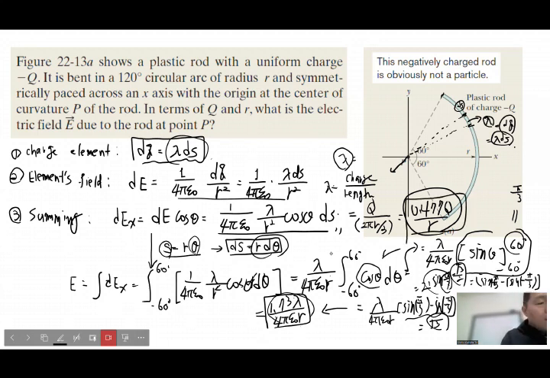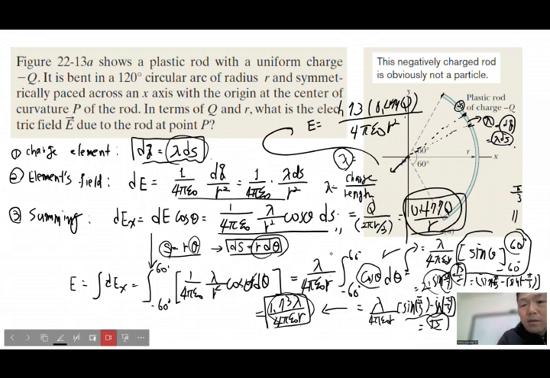Then the total electric field E should be 1.37 times 0.477 q over 4 pi epsilon r squared, right? Now you just replace lambda with this result.